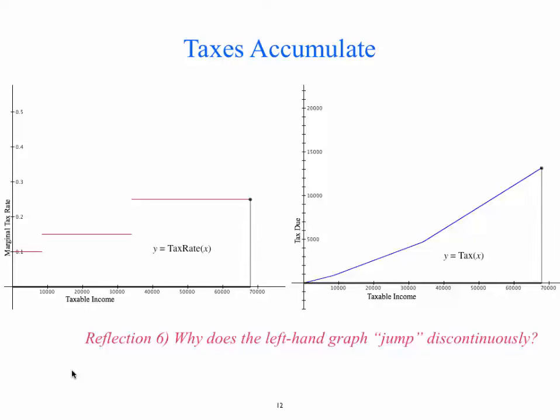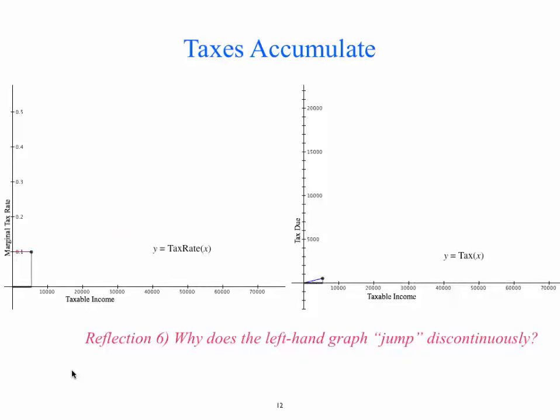There's only a marginal tax rate of 0.1 for the interval less than 8,300, and 0.15 anywhere greater. At the end of that first interval, that last dollar you're going to be taxed at 0.1, and then the next dollar you make is immediately taxed at the higher rate.